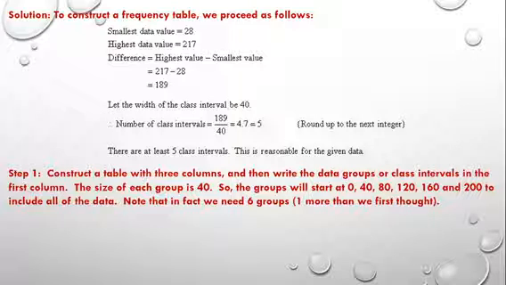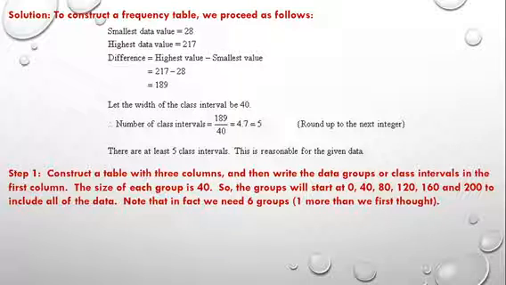Because our class interval is 40, remember I told you that each of your rows must start with a multiple of 40. So if the first row is 0, it will be 0 to 39. You won't land on 40. 40 would begin the second row, and then 80 will begin the third row, and of course, 80 is a multiple of 40.